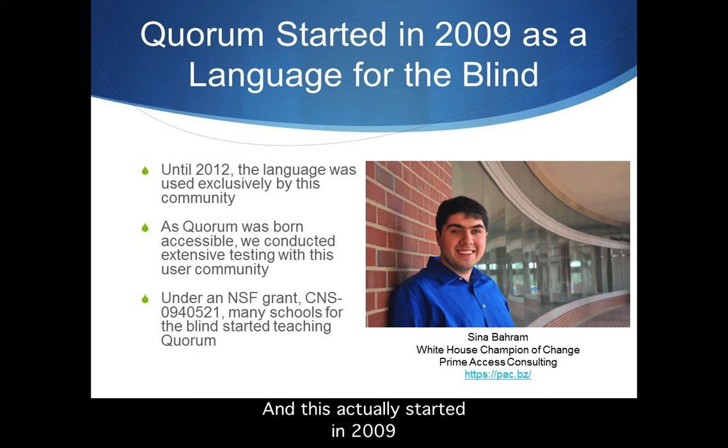And this actually started in 2009 as part of a National Science Foundation grant to try to make programming easier for blind and visually impaired people. This was the only goal of the project up until about 2012, and as such, we could argue that it was born accessible, that it was designed specifically for one group.